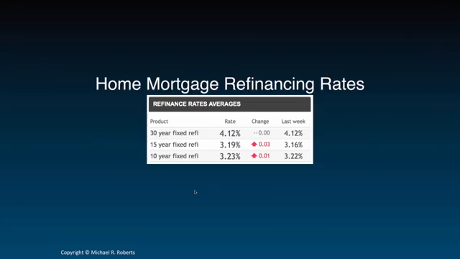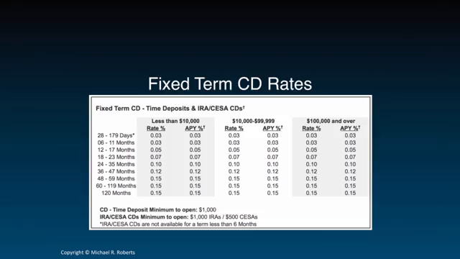Here's a screenshot of home mortgage refinancing rates that I took not too long ago. You can see that as the term of the mortgage refinancing varies, so too does the rate, or APR, and consequently so does the EAR, the discount rate. Likewise, when I looked at fixed-term CD rates, where remember CDs are just certificates of deposit, their rates tend to vary with the term of the investment as well.